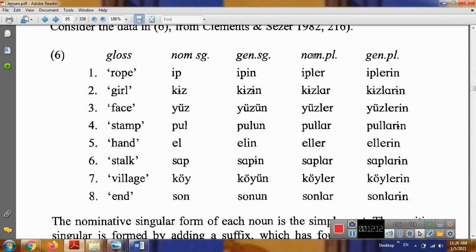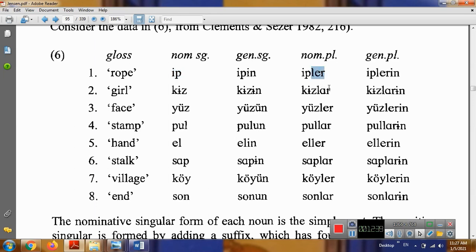Please pay attention to another data. We have a nominative plural. PL stands for plural. Here we have two forms of suffix: ler and lar. One of them is ler, because in the singular form of the word we have ip without any suffix.